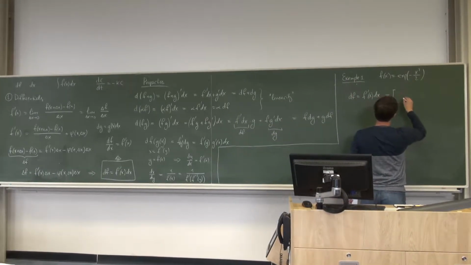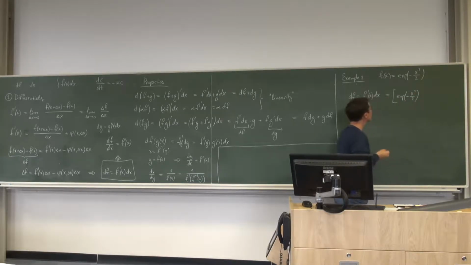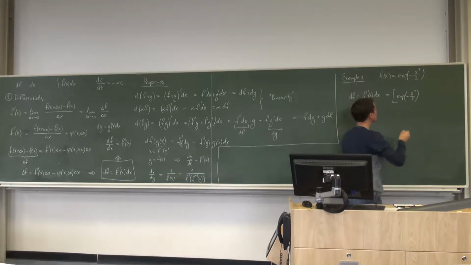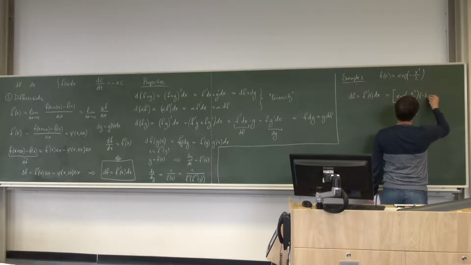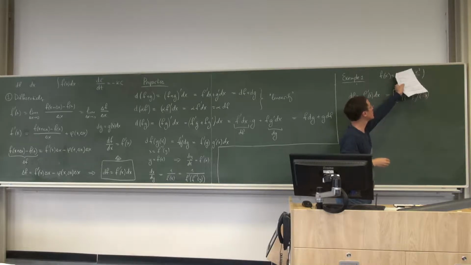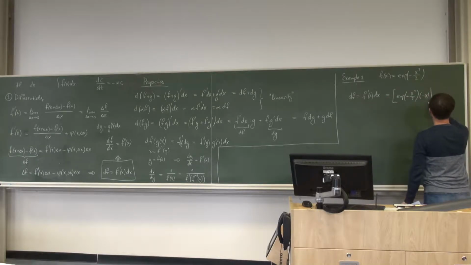And the derivative is the exponential of minus x squared over 2, that's the outer function, and the inner function is minus x squared over 2, so basically minus just x. Because the derivative of x squared over 2 is 2x over 2, so that's just x and the minus multiplied in front.